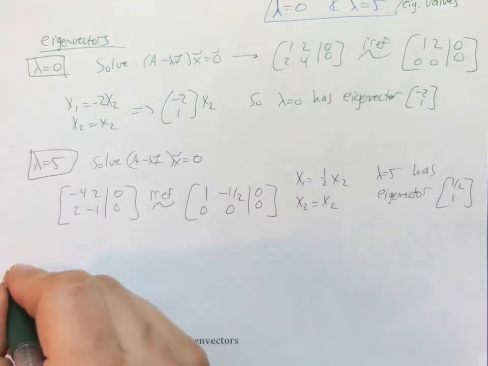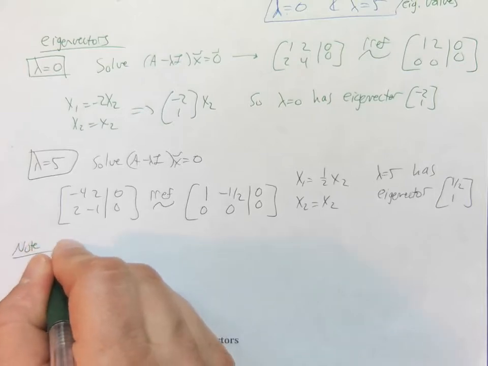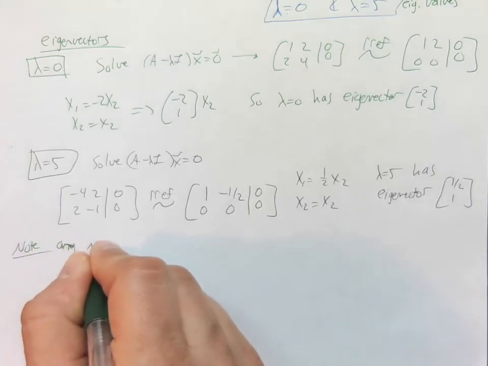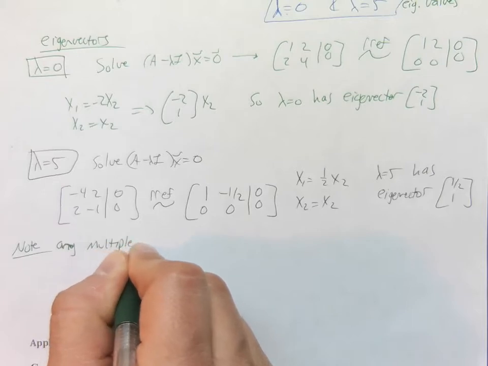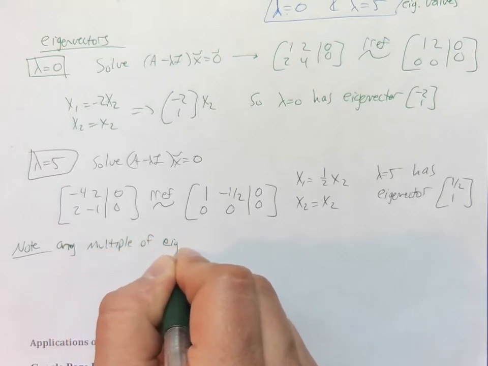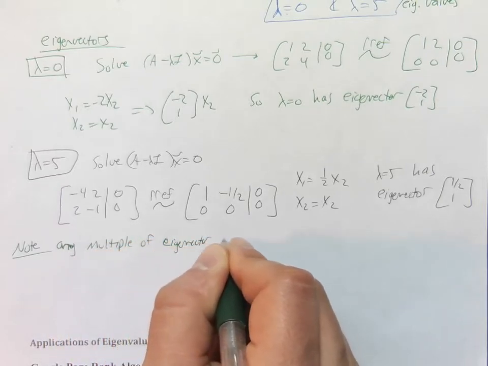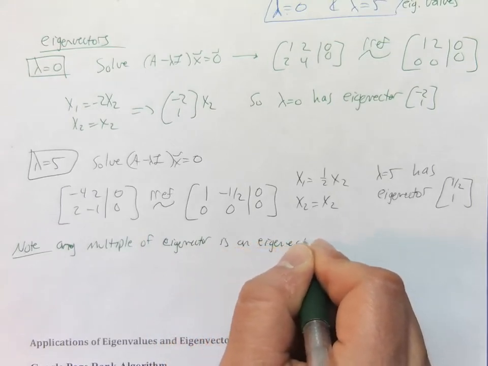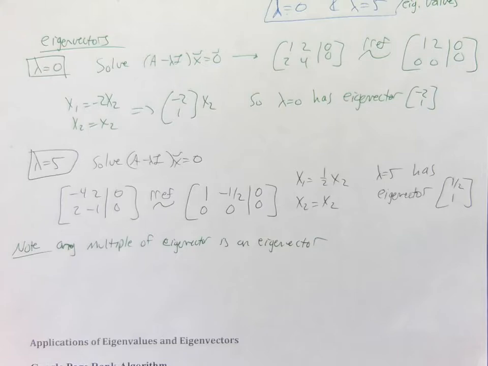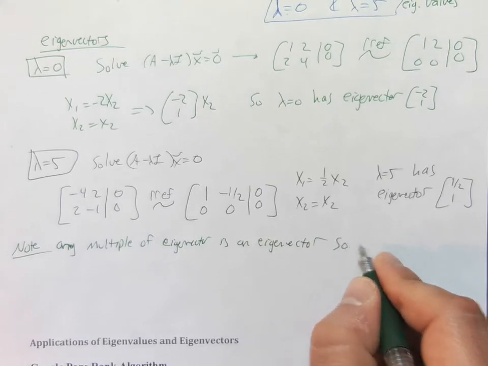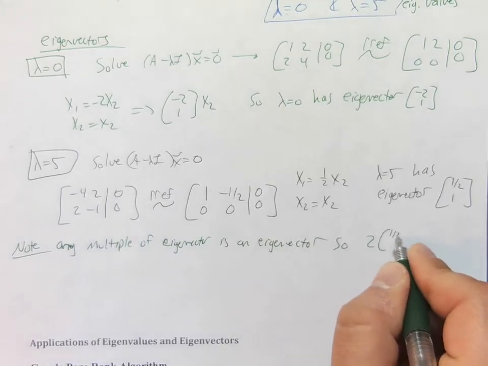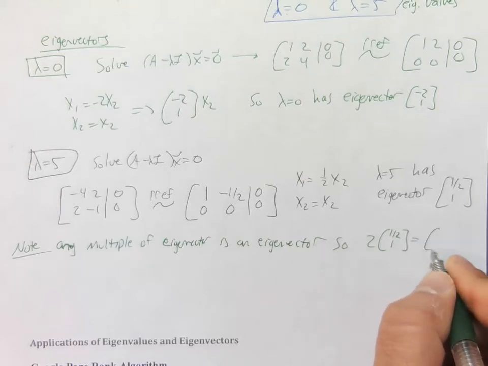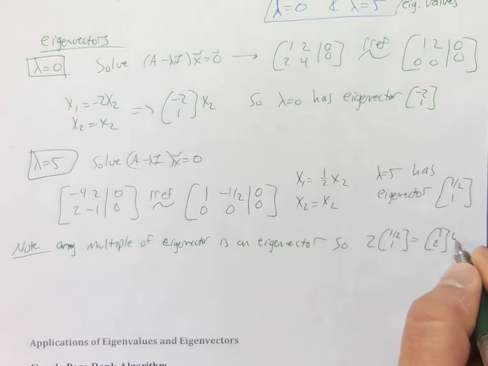So let me make that note: any multiple of an eigenvector is an eigenvector. And so 2 times (1/2, 1), which is (1, 2), works as well. It's just nice because you can get rid of the fractions.